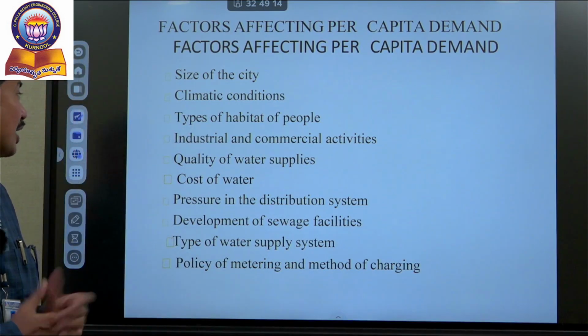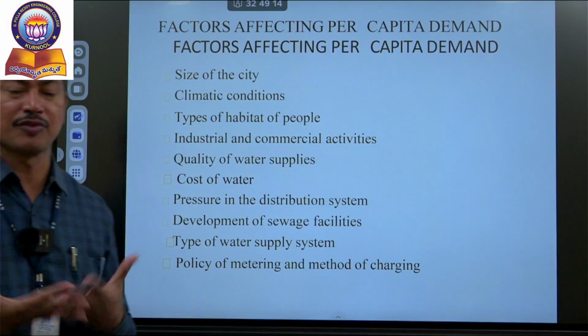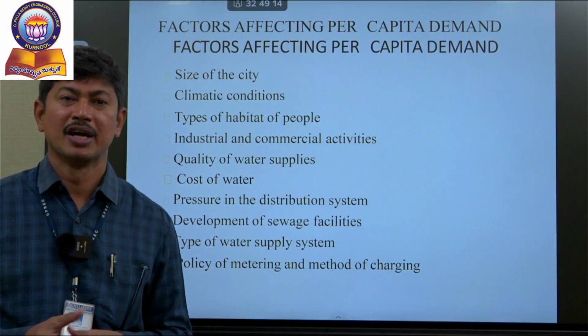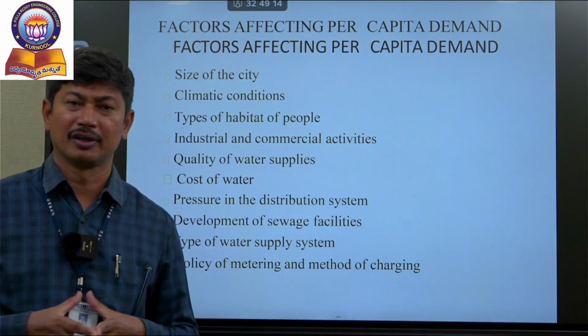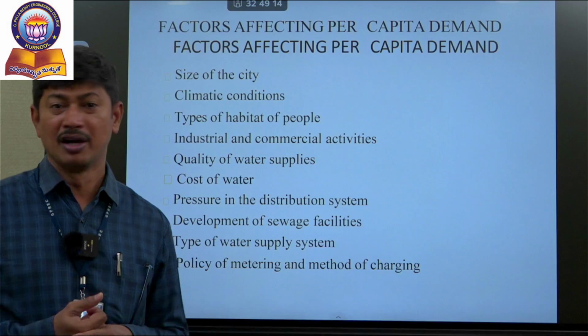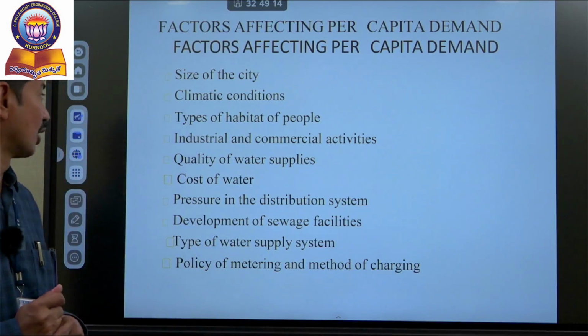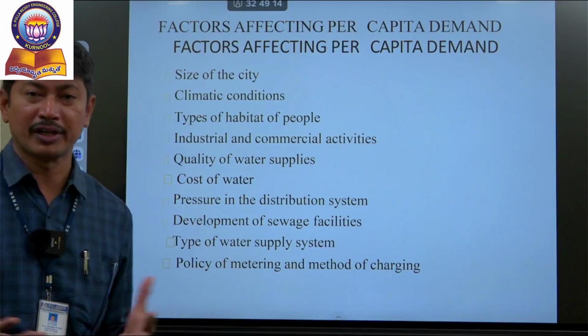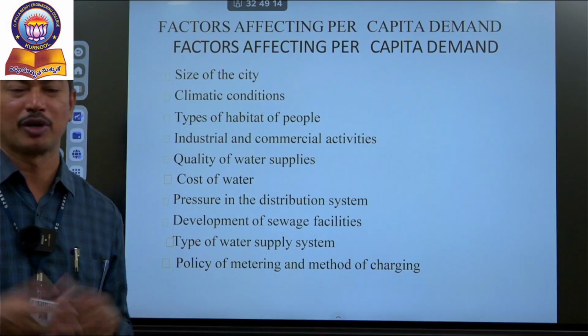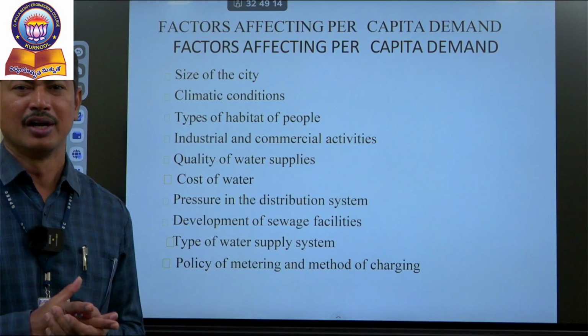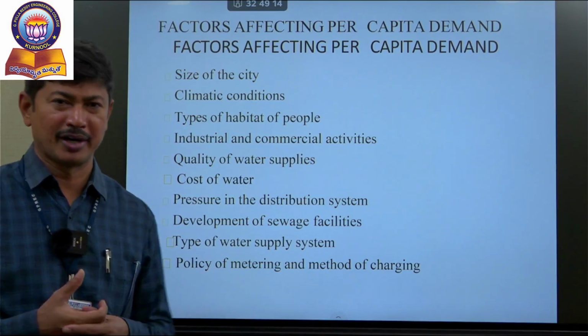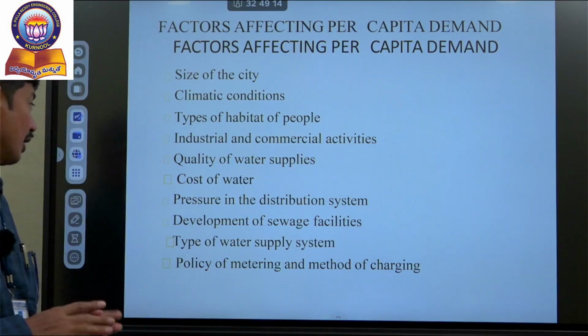Then next, industrial and commercial activities. More industrial and commercial activities require more water when compared to less industrial and commercial activities. And quality of water: if good quality is provided, people demand more water; for less quality, people demand less.